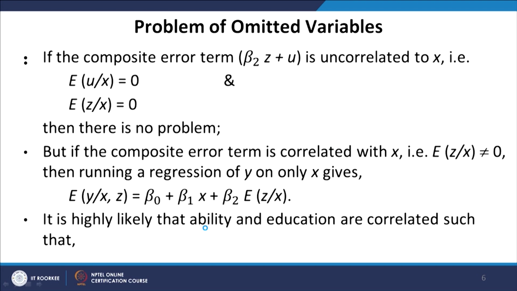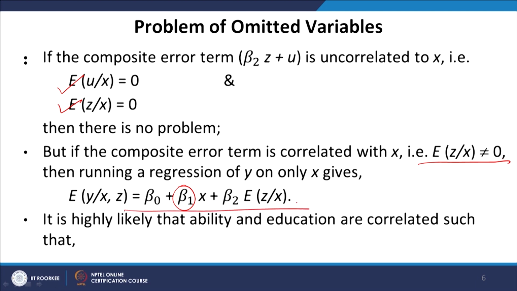If the composite error term beta 2 z plus u is uncorrelated with x, that is, the expected value of u given x is 0 and the expected value of z given x is 0, then there is absolutely no problem, we still get an unbiased estimator of beta 1. But if the composite error term is correlated with x such that the expected value of z given x is not equal to 0, that is, if ability and education are correlated with each other, then running a regression of y on x only gives this expression.